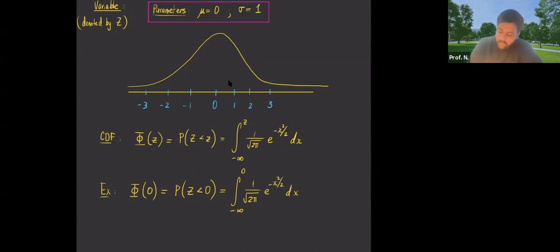What does this expression represent? It represents the area underneath the curve to the left of 0. So this is important. This is the area underneath a bell-shaped curve, which is the PDF of the random variable Z, to the left.